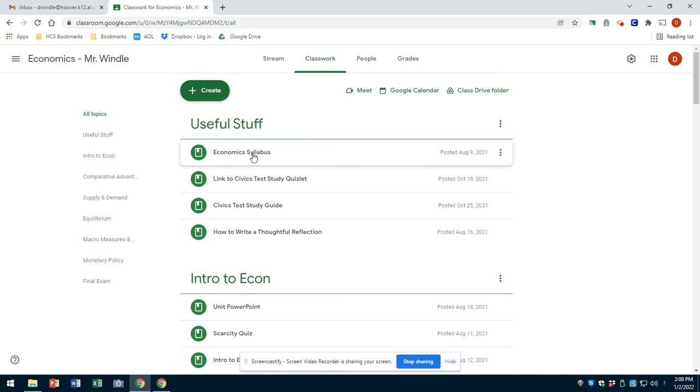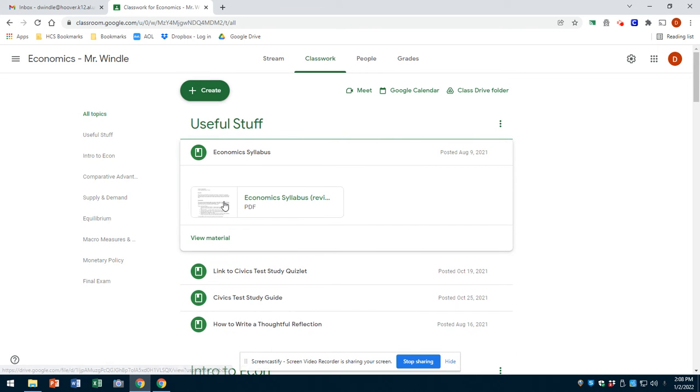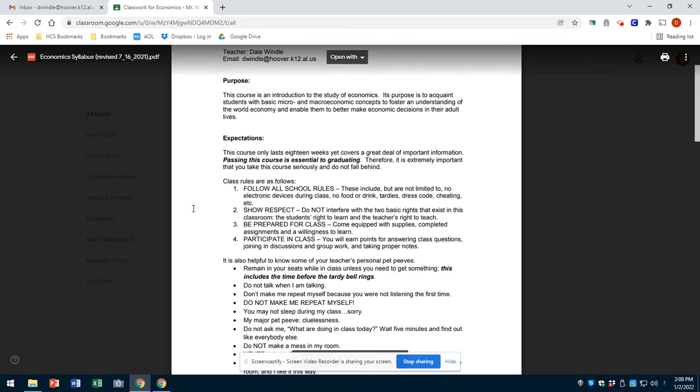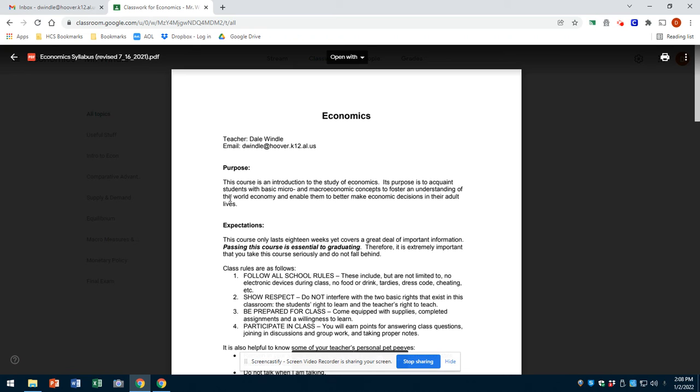Now, what I want to talk about today is the syllabus, which is always kind of technical, but I think in this case it's a pretty good overview of this course. So, study of economics, and this is a basic intro to economics. Most of you will never take another economics course, but I do think it's important. I think we save government and economics for last because they're the most relevant social studies courses there are.